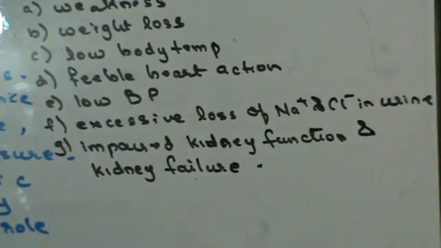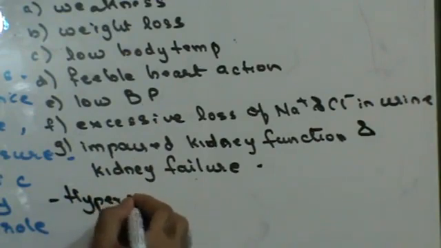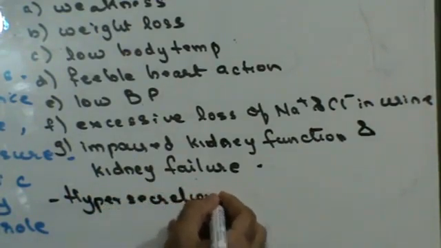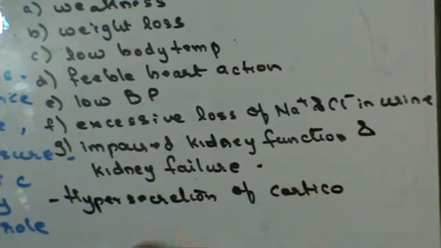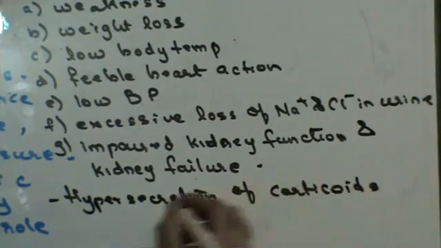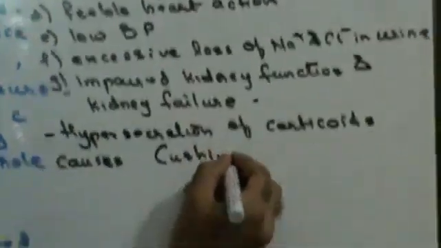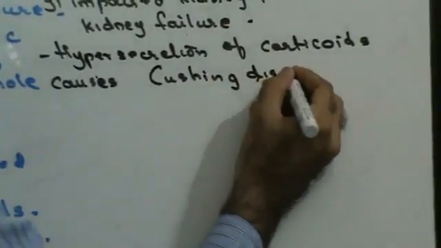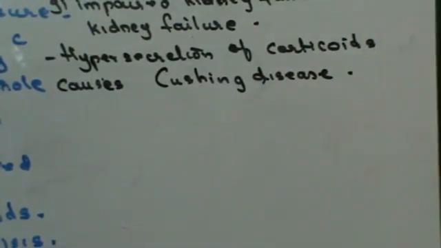Now, you could also have hypersecretion of corticoids, which causes another disease, Cushing disease. That was corticosteroids; here this is corticoids.